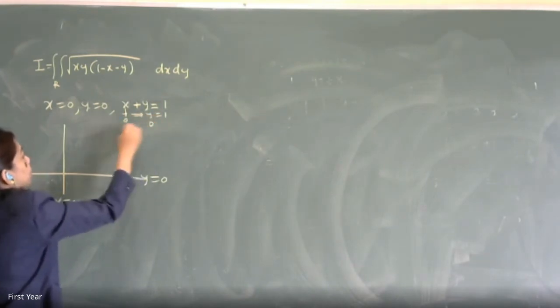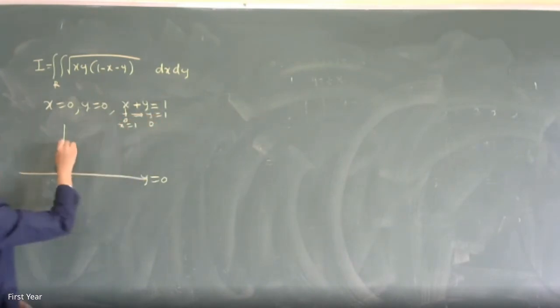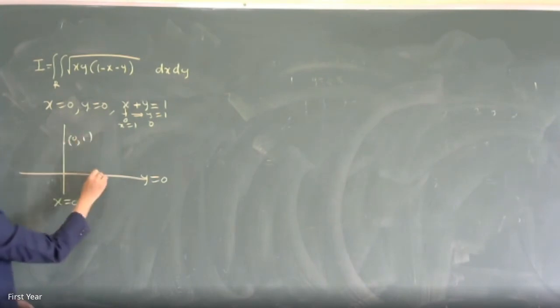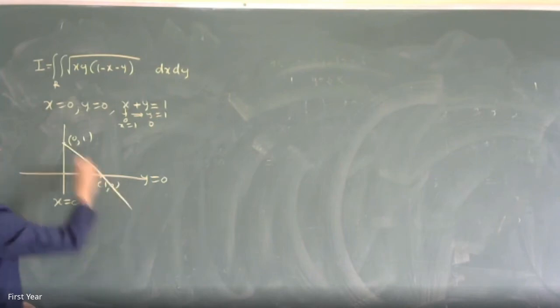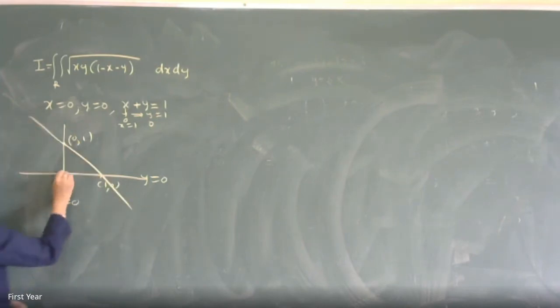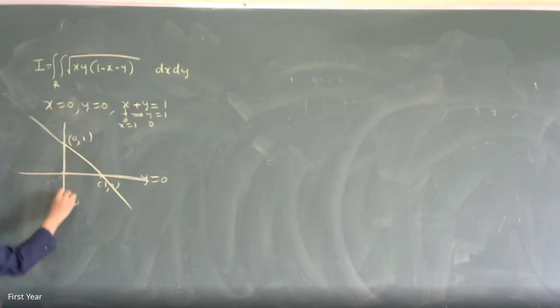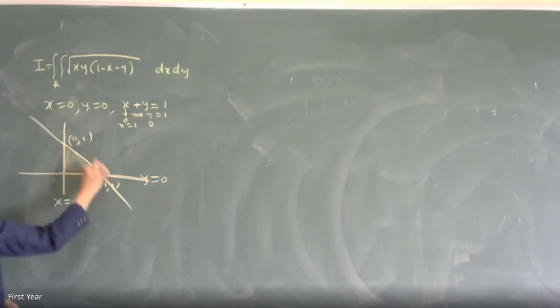When you put y is equal to 0, you get x is equal to 1. So the points are (0, 1) and (1, 0). What's the common region bounded by these lines? This is the area which is asked.